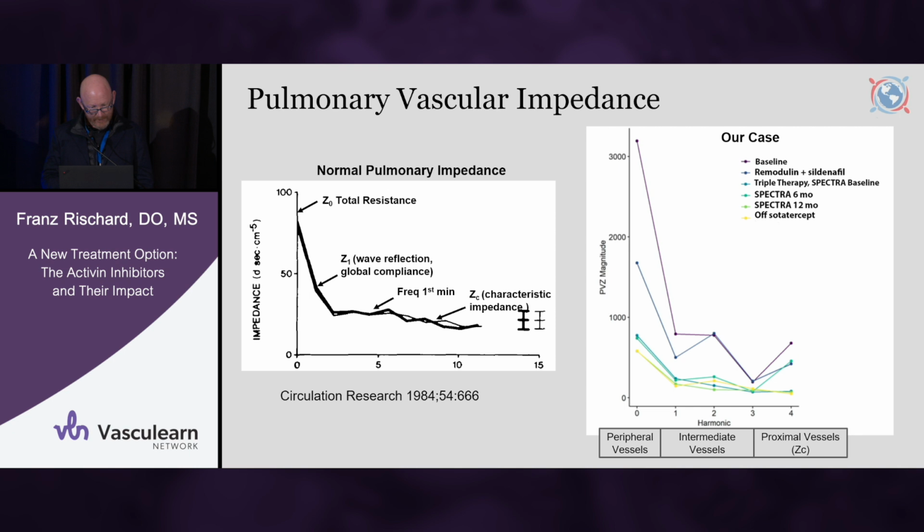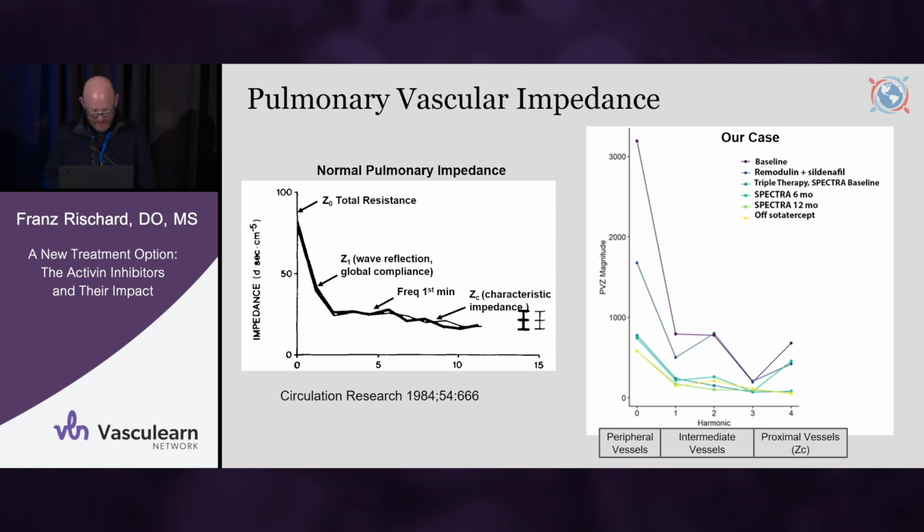One thing to note on the left-hand side is that this is a normal impedance spectrum. So as you can see, the Z naught is essentially equal to the total PVR, and the first harmonic impedance is essentially indicative of wave reflection as global compliance.